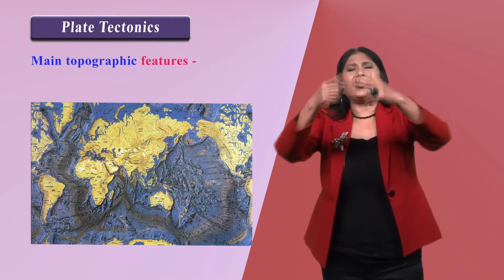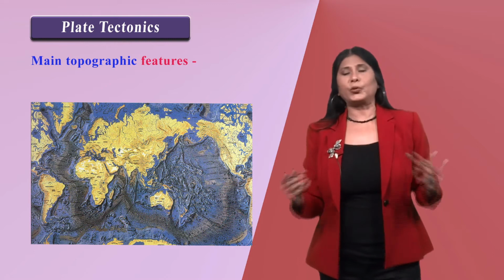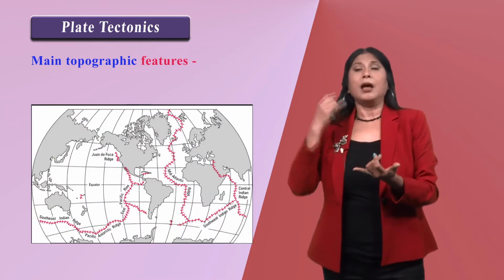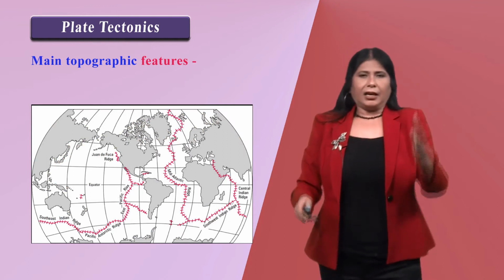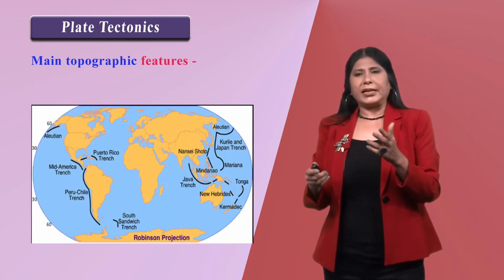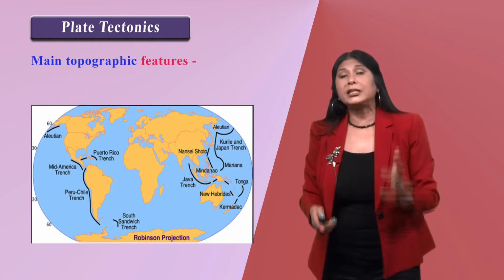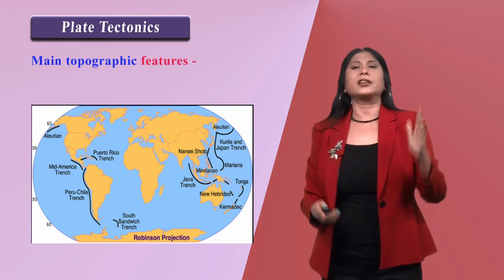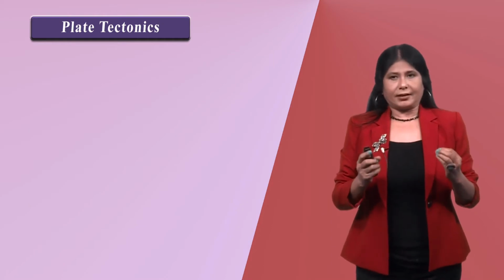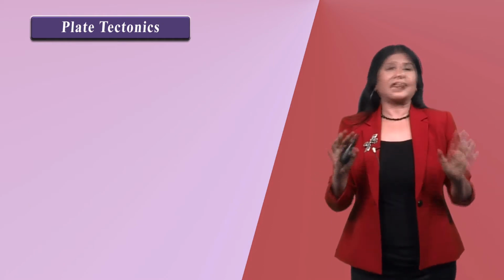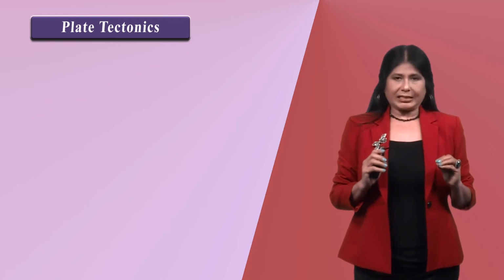In the central part of all the oceans that we have, Atlantic, Indian and Pacific, a chain of mountains is there. And along the boundary of the continents we have deep trenches. So, the ocean floor is not flat as we believed once upon a time.